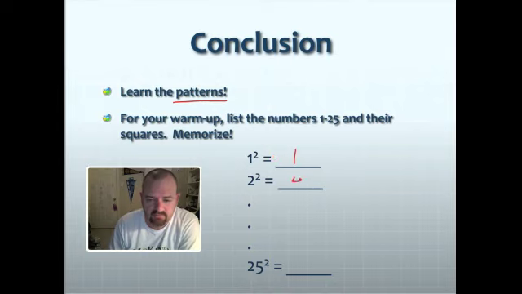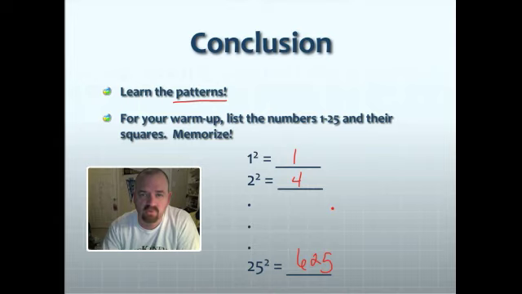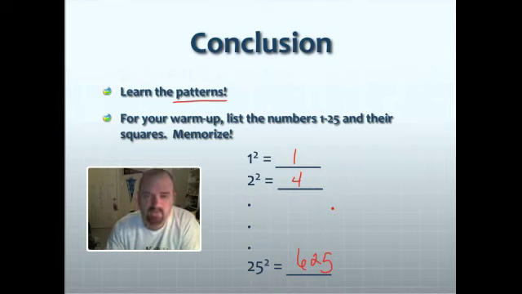So you have 1, 4, all the way down to 625. And then I want you to memorize that. I want you to be able to look at that and go 17 squared is 289, and 16 squared is, whatever. Just continue on, have them all memorized. It'll be very useful for you now, but it's going to be extremely useful for you too in the next unit when we have to work backwards, and you'll need to know all these really well.